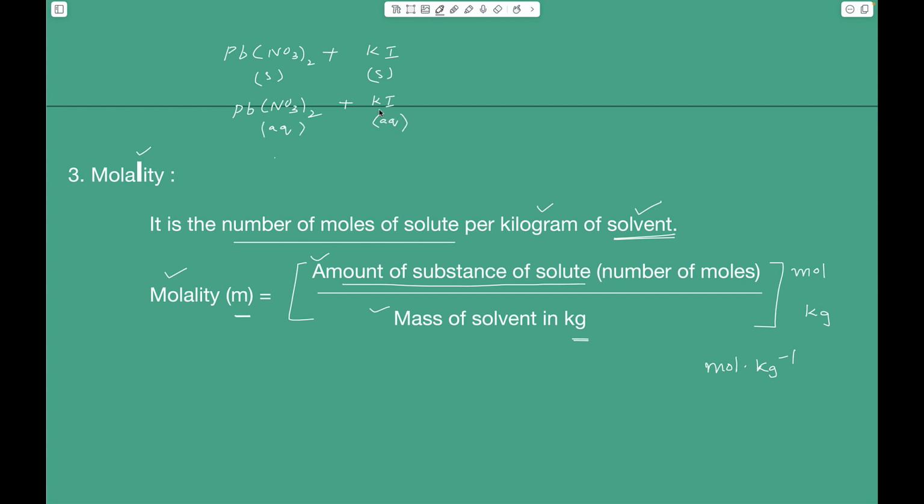Then we mixed these aqueous solutions to carry out a chemical reaction between them easily and quickly. So that is the reason we started discussing solutions.